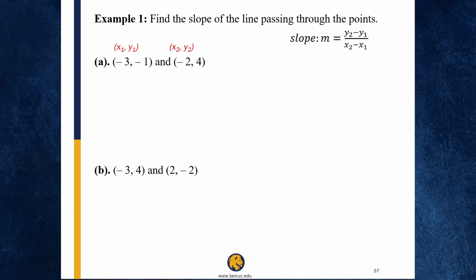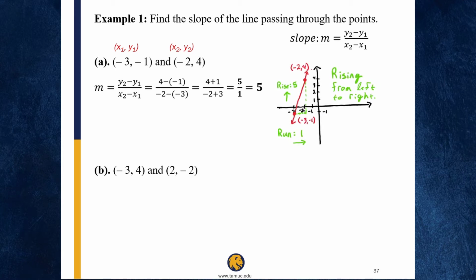And if we plug those into the slope formula, on top, y2 minus y1 would look like 4 minus -1. And underneath, x2 minus x1 would look like -2 minus -3. When we calculate the numbers for that, we get 5 divided by 1, or just 5. And so that would be the slope of the line passing through those 2 points.